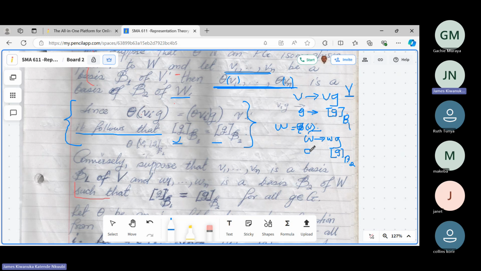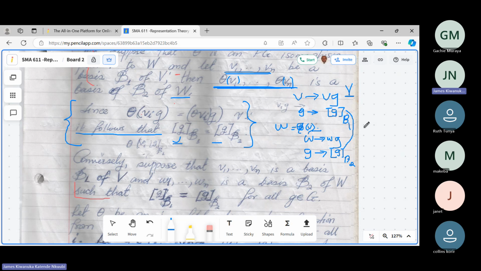Then this map that sends G to this matrix, with respect to basis 2, is supposed to be a representation. So these two representations are supposed to be equivalent. So that means these two matrices should be similar.